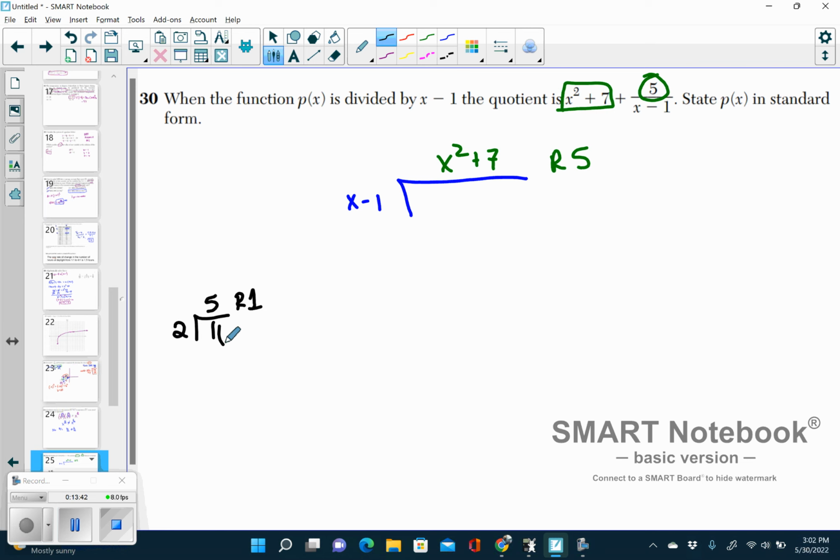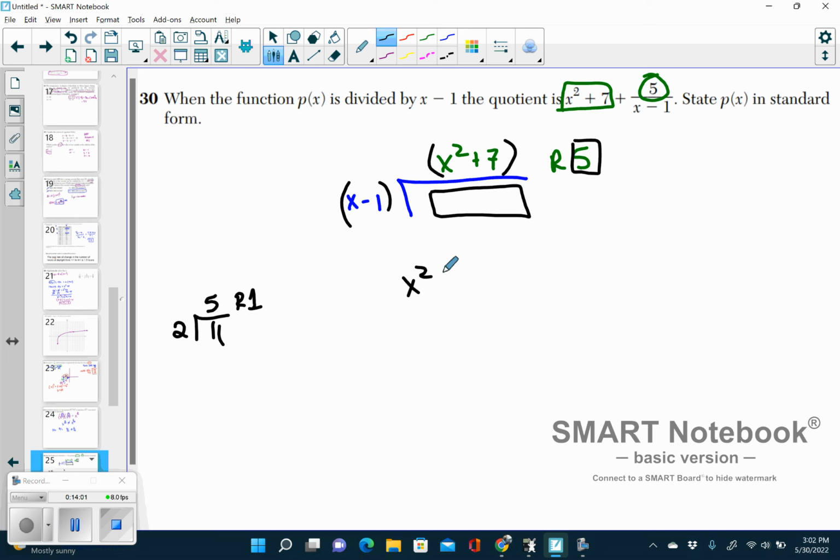That makes sense. 2 goes into 11 5 times, remainder 1. So this is just like a simple problem to kind of help me understand what to do here. So I'm going to have to take these two here, and I have to multiply it and then add 5. Add my remainder to figure out what goes inside this parentheses, or in this division symbol.